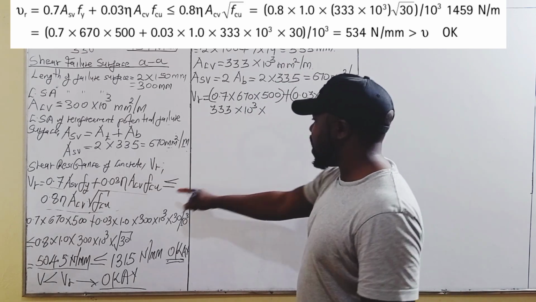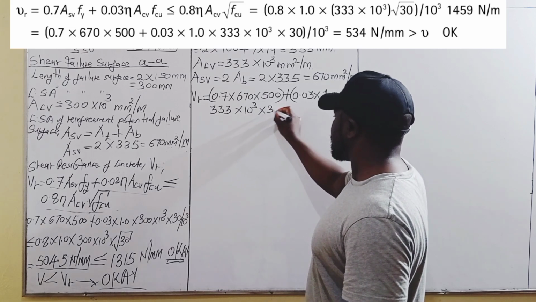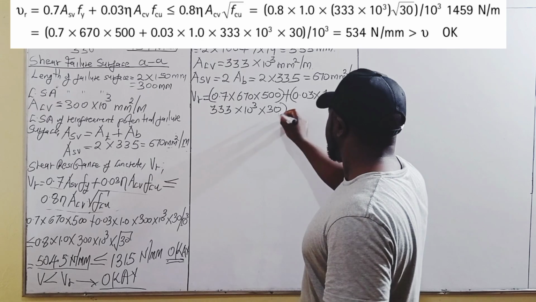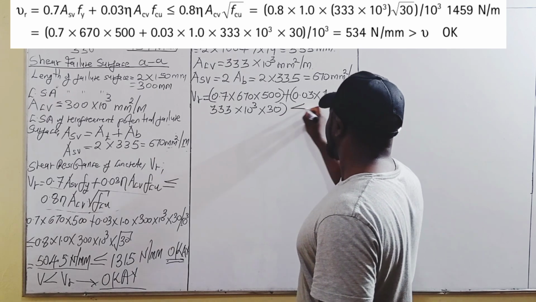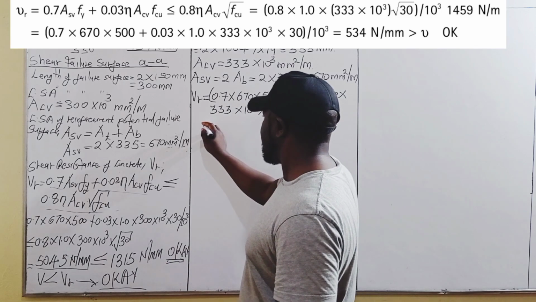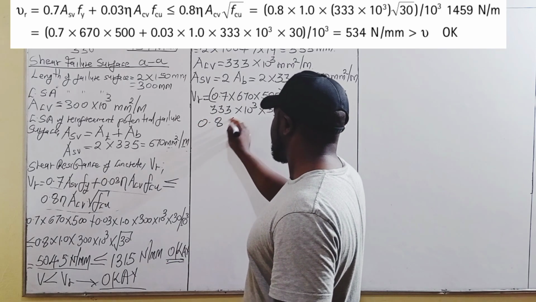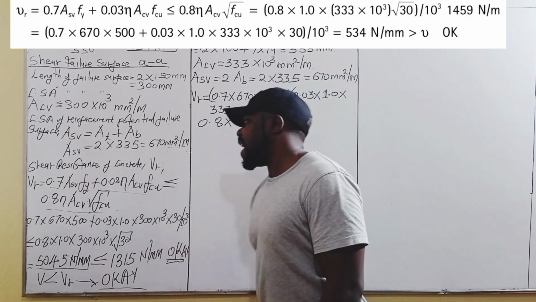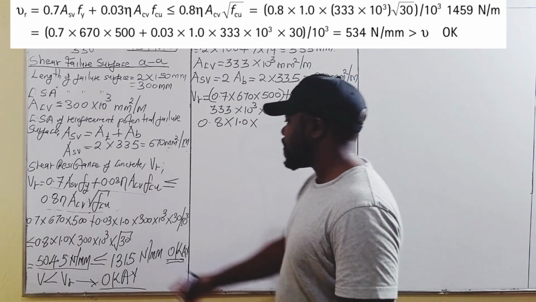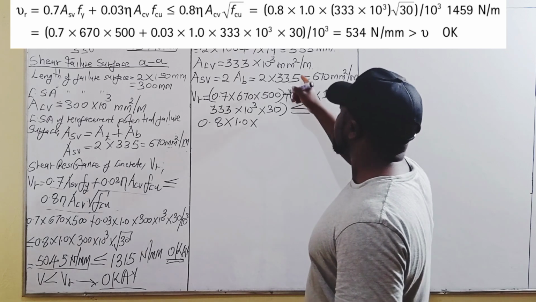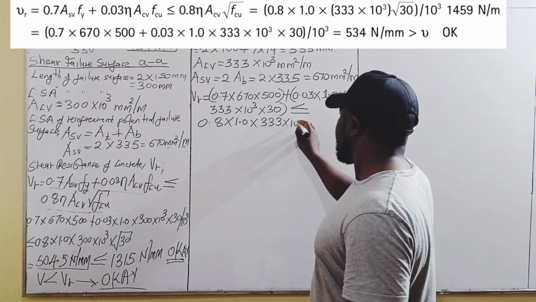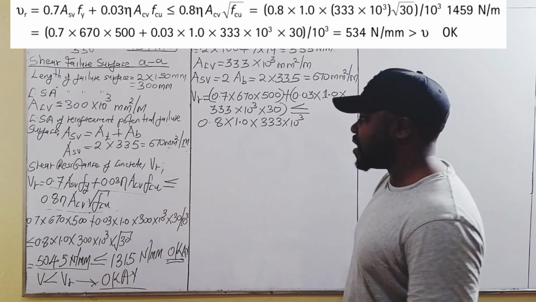Then we multiply by FCU, which is the characteristic strength of concrete, which is 30. Then that calculation should be less than or equal to 0.8 times a constant N, which is 1.0, multiplied by ACV, which is 333 times 10 raised to the power of 3.